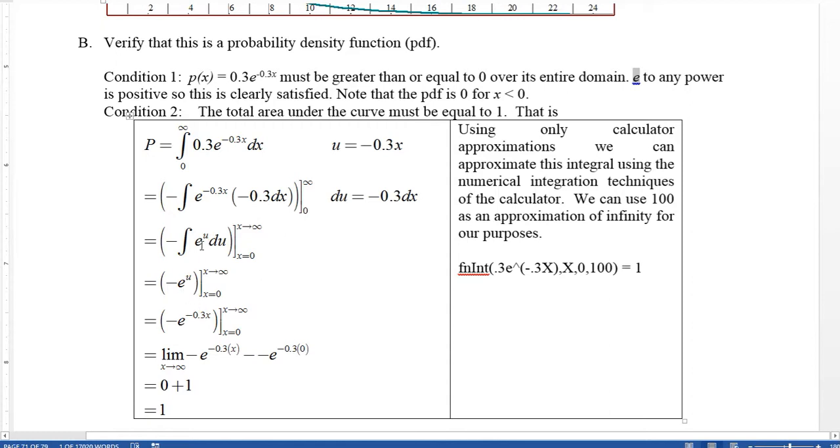And of course the antiderivative is just e to the u, but we still have the minus out front. So it's minus e to the negative 0.3x from 0 to infinity. If we plug in 0, we get e to the 0, which is 1. And that's minus, and then a negative makes plus 1. And this first part is going to give us a limit of 0. So, in fact, we do get 1.